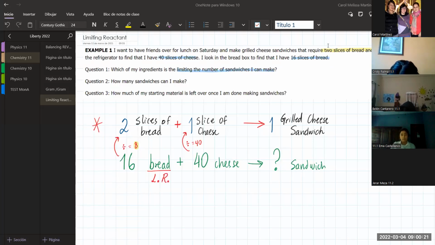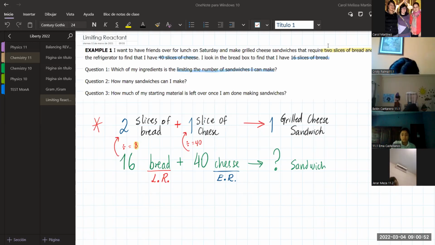So, which ingredient is going to be my excess reactant? Cheese. The cheese is going to be my excess reactant. Now I know which one is my limiting reactant and which one is my excess reactant.